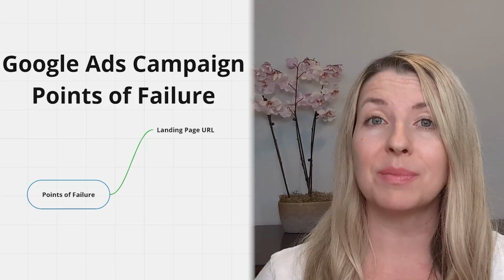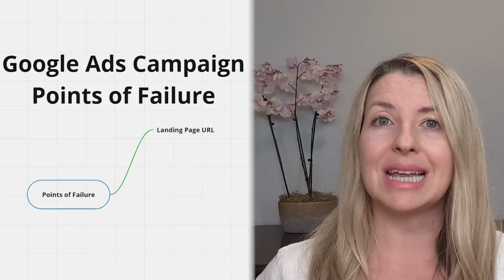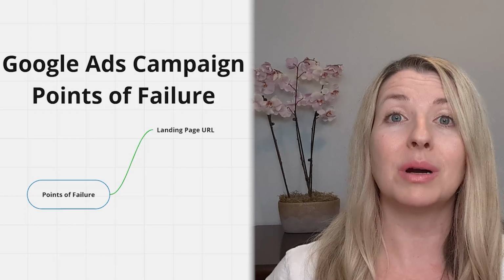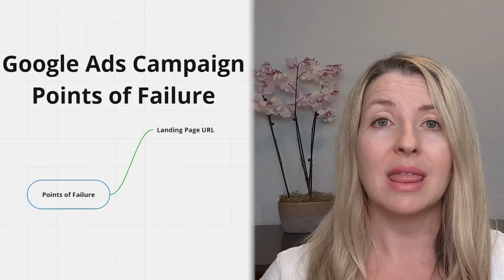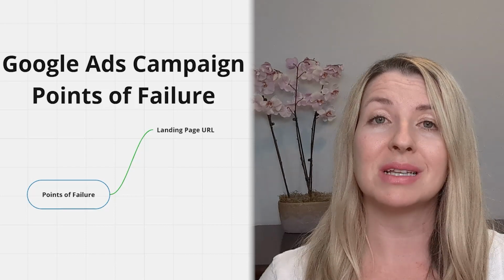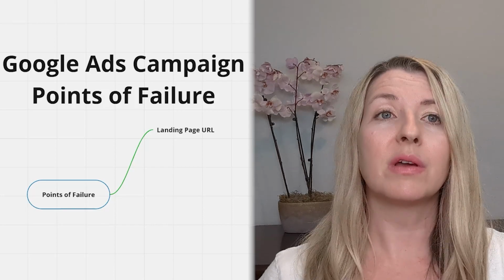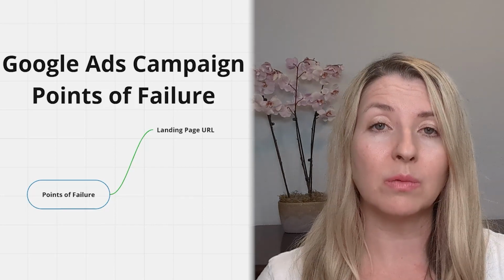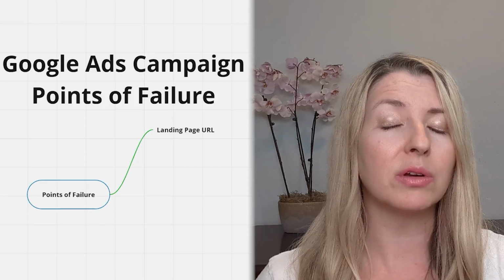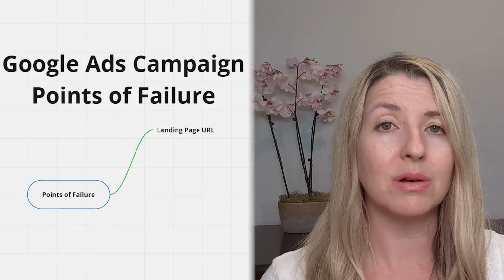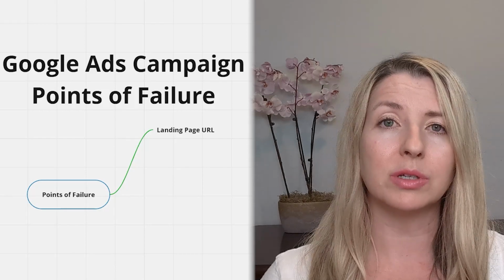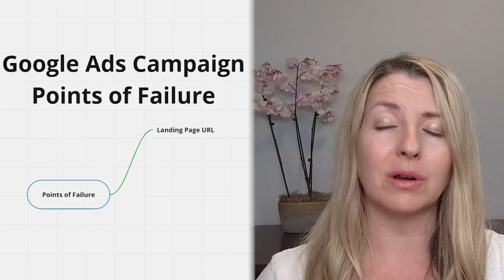Google will find this and pick up on it, but it takes a little while. So if you have high budgets, you're spending lots of money every day, then you might have a significant amount of spend sending people to a broken page. So you definitely want to avoid that. There are also scripts that you can run hourly that will check your URLs. So take a look at those because that is super helpful to give you any alert for an issue with your URL.